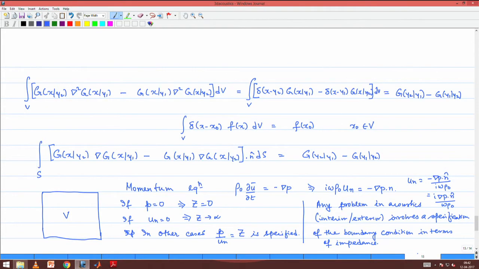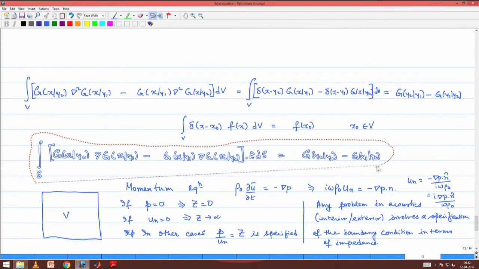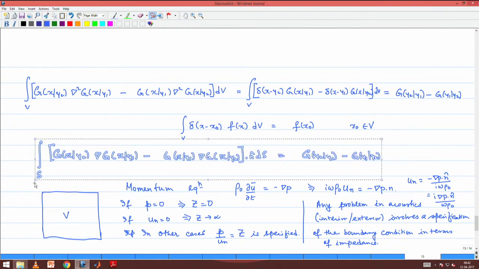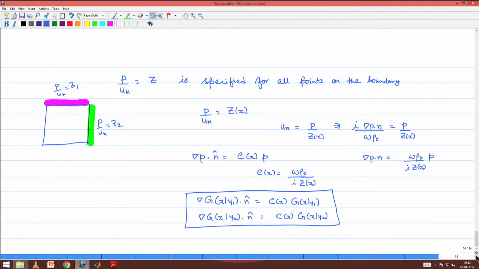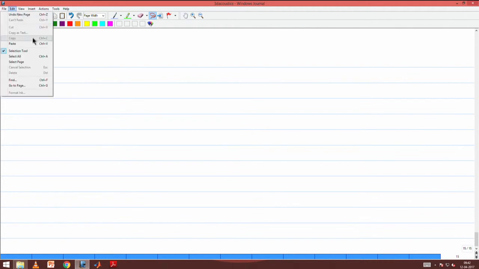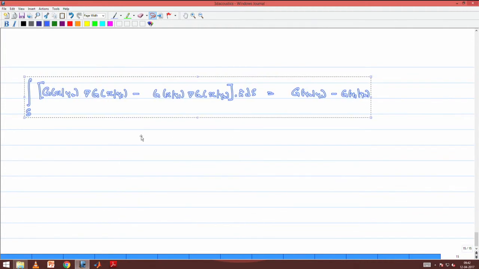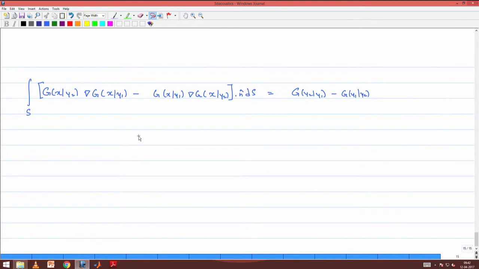Now with this we turn back to this equation, which again I will copy and paste. So, in our analysis we were left with this equation. What we are going to do is simply replace gradient of g dot n by the value of g multiplied by some constant which does change over the boundary, but we can keep track of that.